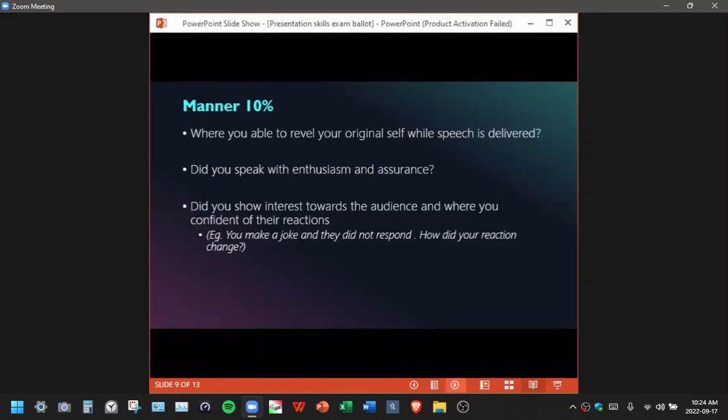And then the manner you present. So it's all about whether you are enthusiastic to deliver your presentation, and whether the examiners should feel like you are confident with the response from the audience.